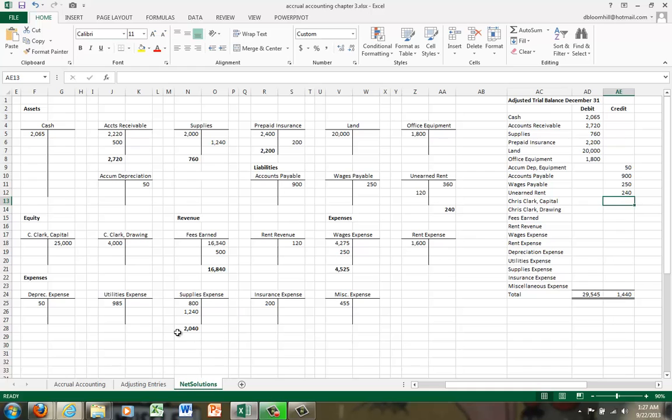Then we have Chris Clark Capital, $25,000 on the credit side. And we have Chris Clark Drawing, $4,000 on the debit side. Next we have fees earned, $16,840 on the credit side.